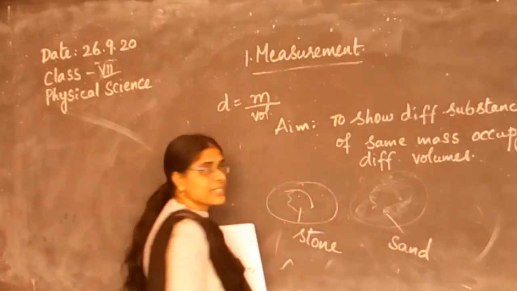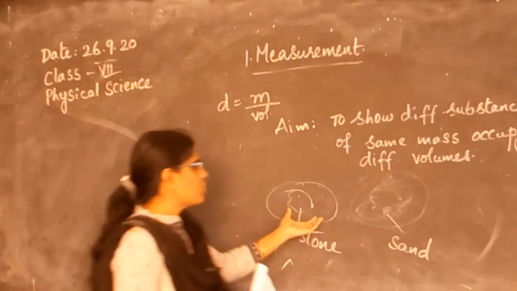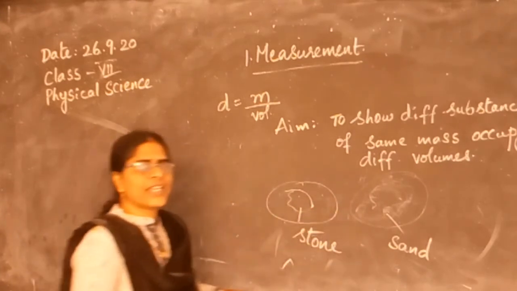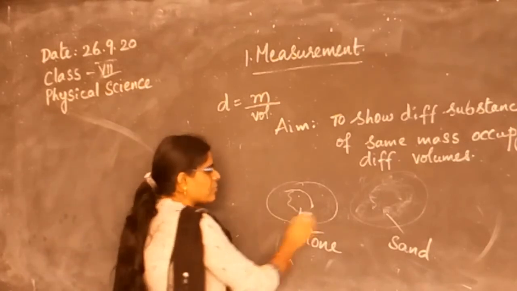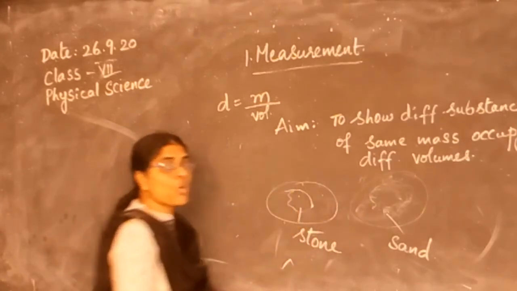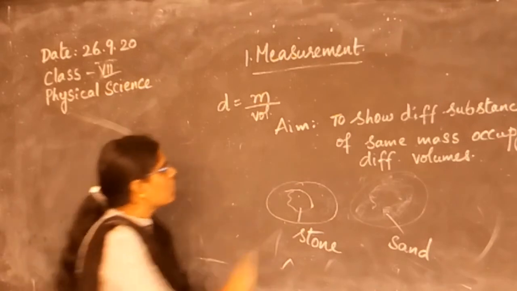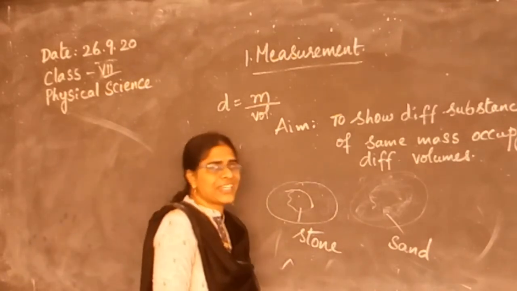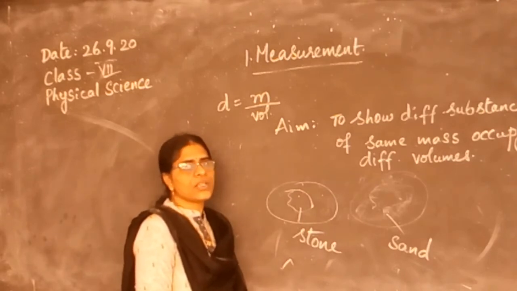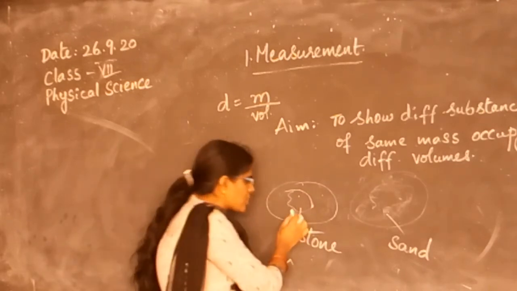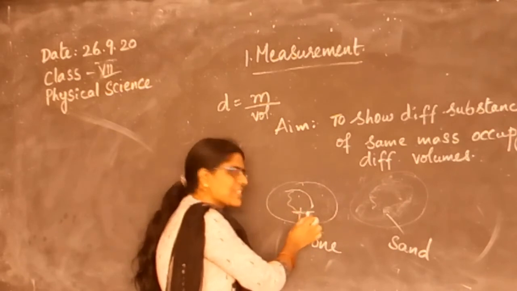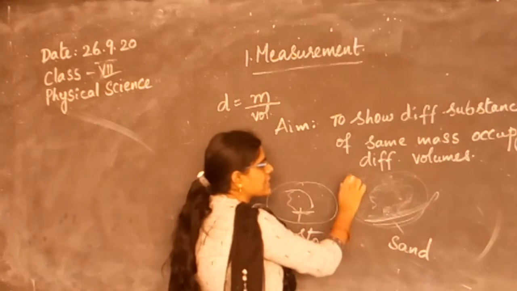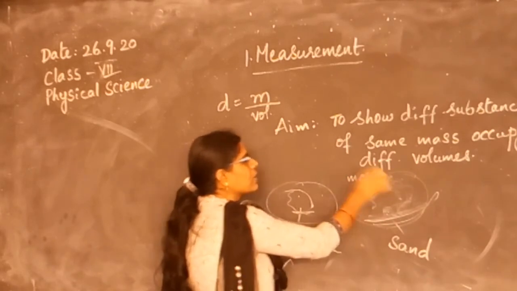The beam balance is balanced. Both the masses are the same. Now look at the figure and tell me which one has occupied more volume. Volume means the space occupied by any substance. The space occupied by stone is less, but the space occupied by sand is more.